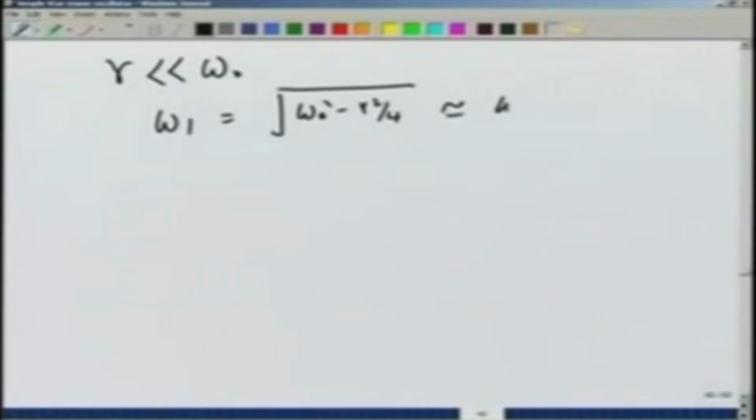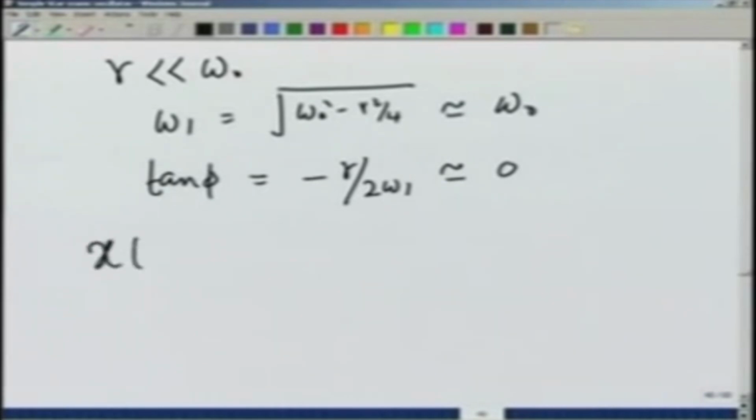Most of the time when we talk about a lightly damped oscillator, it is the case where we do not want damping to be there. So, we want gamma to be much less than omega 0. In that case, you will see that omega 1, which is equal to square root of omega naught square minus gamma square by 4, is roughly equal to omega 0, and tangent phi that we looked at, minus gamma over 2 omega 1, is also roughly equal to 0.